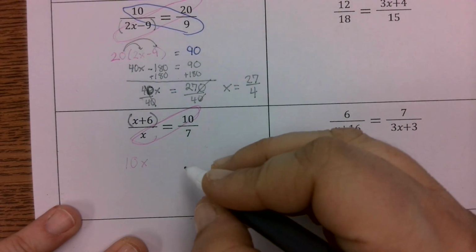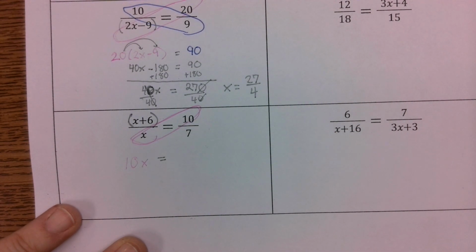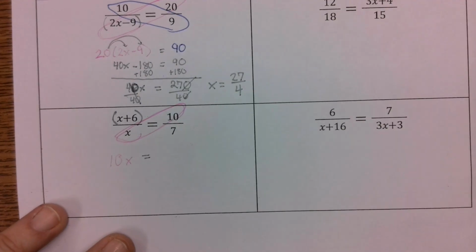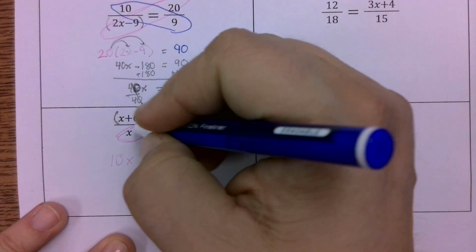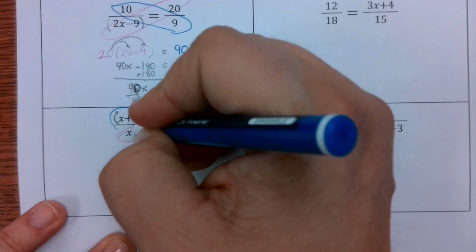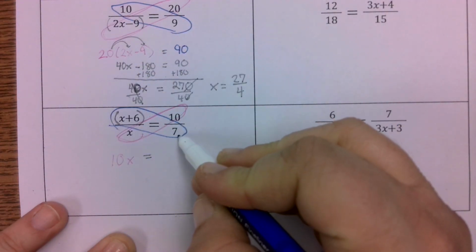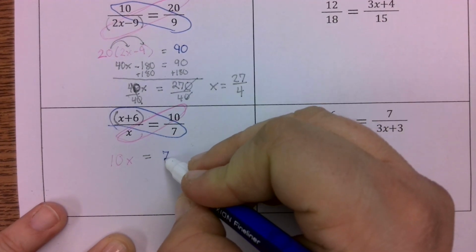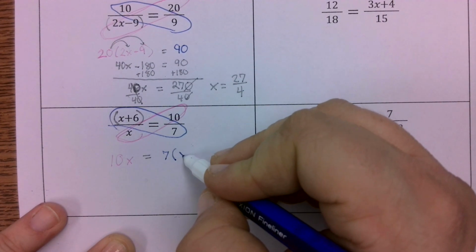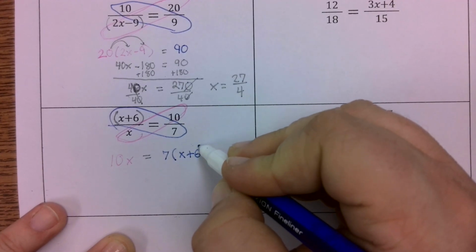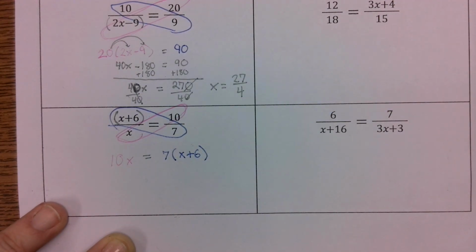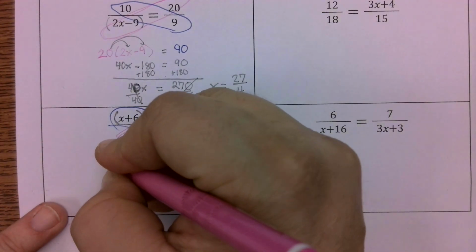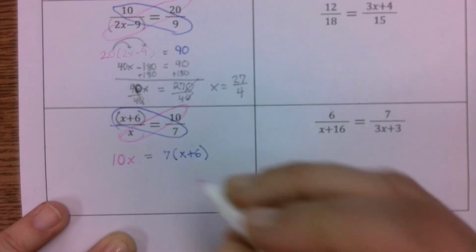And then on my other side, I'm going to say that that has to be equal to x plus 6 times 7. Remember, I take the single value and put it in front of the numbers with parentheses. If it has parentheses, I need to write it out like this so I can do our distribution. Make this a little darker for you.